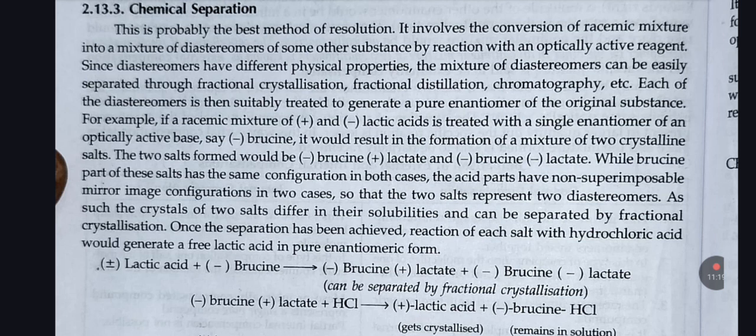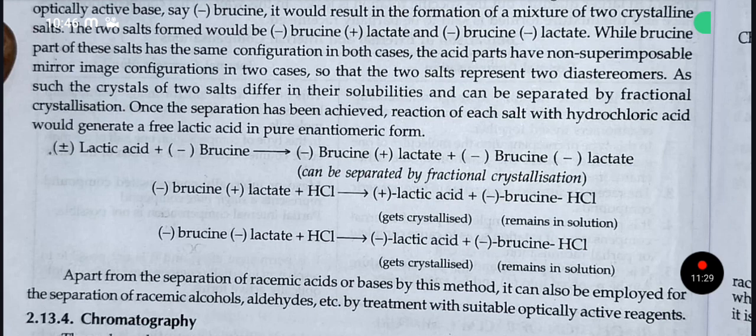The two salts formed would be negative brucine positive lactate, and negative brucine negative lactate. While the base parts of these salts have the same configuration, in the two cases the acid parts have non-superimposable mirror image configurations, so that the two salts represent two diastereomers.